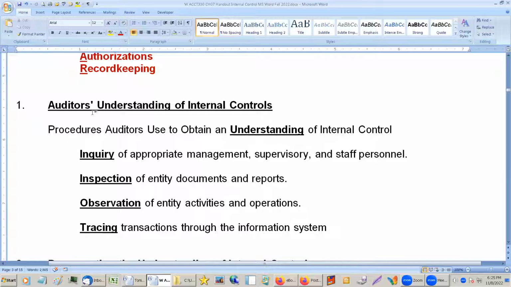Auditor's understanding of internal control. How do we get an understanding? First of all, let me add something to this.